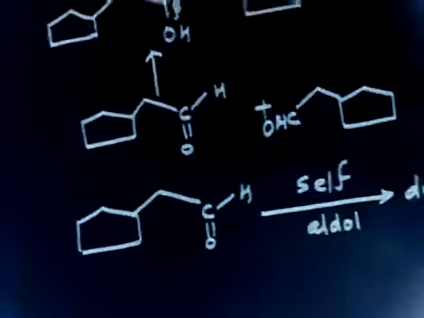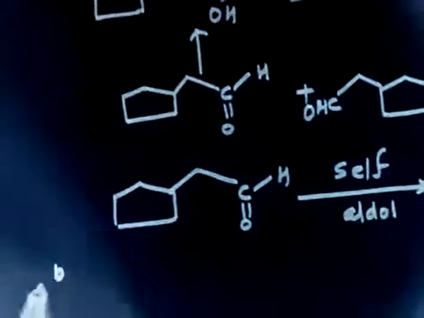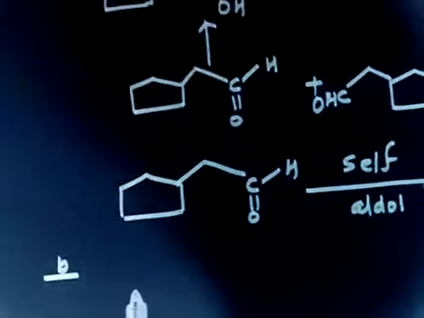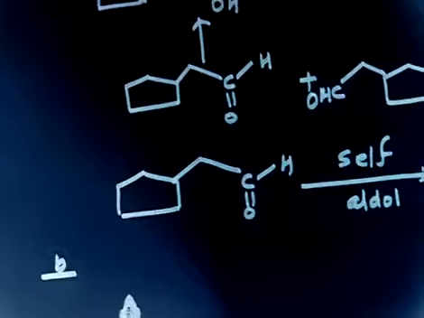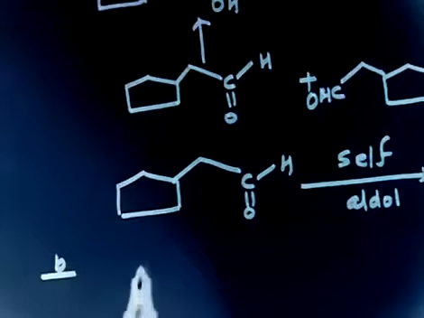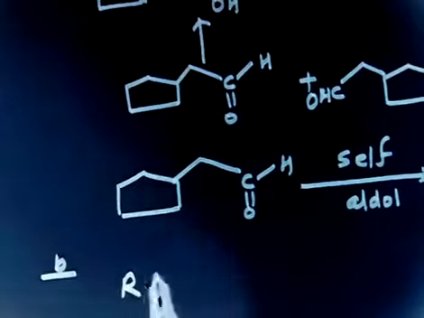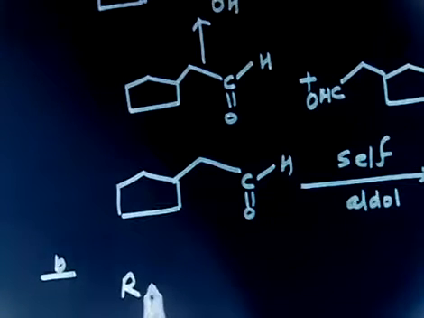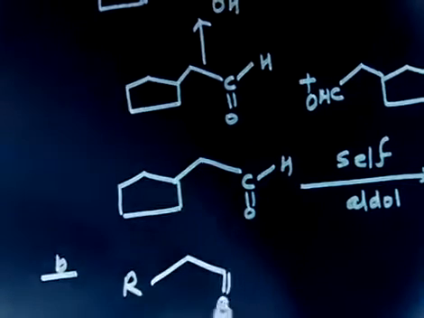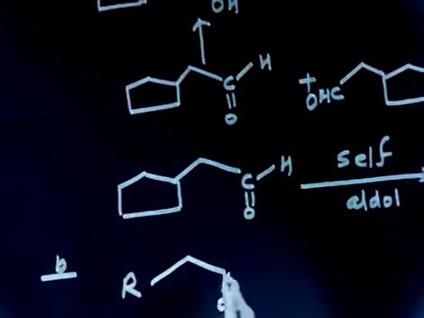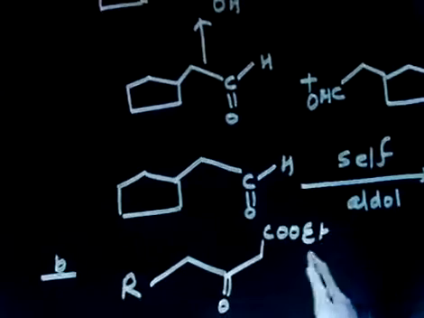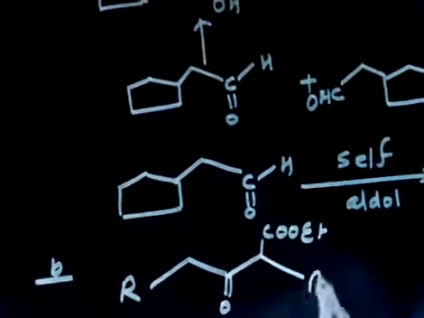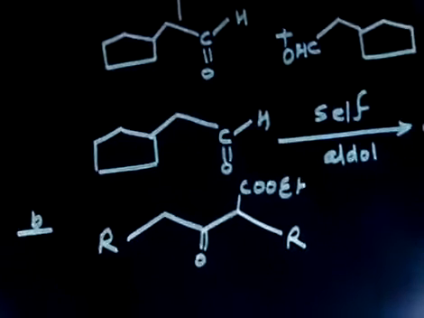Let us do part B. So how can you prepare this compound? So again I have, let us say I am writing the 5-membered ring as R. It is easy to write R. So I have R, C double bond O, and here I have COOEt, and here I have R. So I want to prepare this compound.